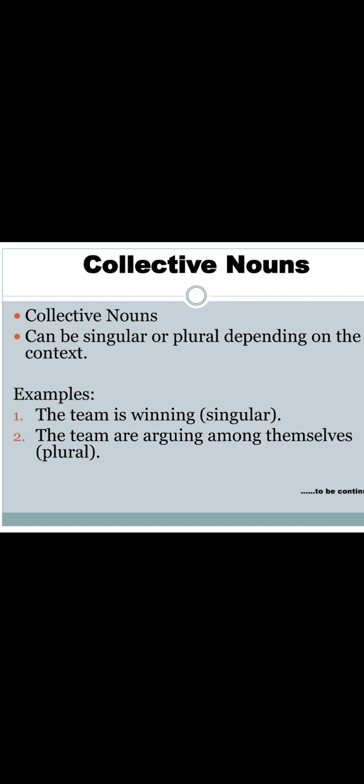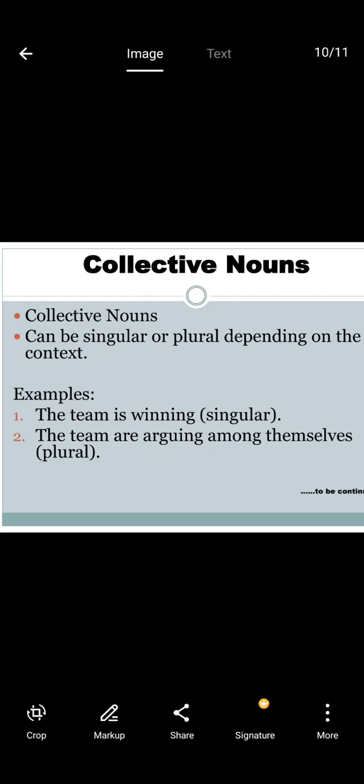See here, the entire team is referred to as one, so the team takes is. And in the second sentence, the team are arguing among themselves. Here the members of the team are arguing among themselves, so it is referred to in plural form.